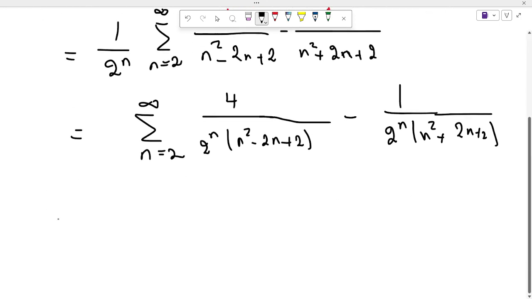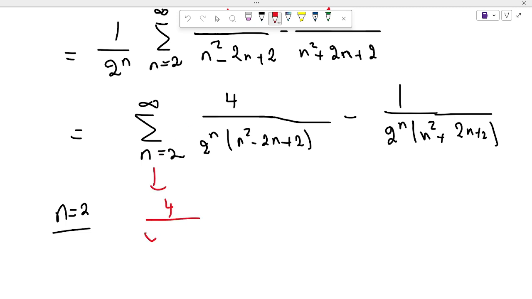So let's try n equals 2. That is equal to 4 over 2 squared times 2, minus 1 over 2 squared times (4 plus 4 plus 2), which is a 10.